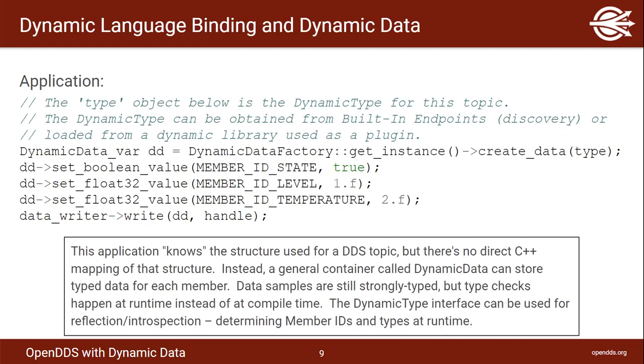So you know the structure of the topic, which you've defined either programmatically or through a library or something like that, but there is no direct C++ mapping. And the dynamic data container, if you will, can store any type that a DDS implementation can support.